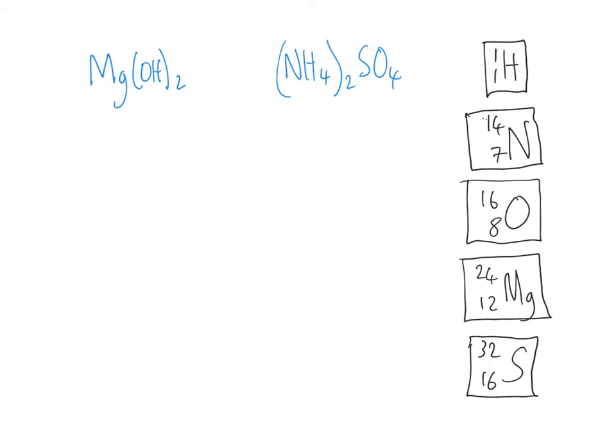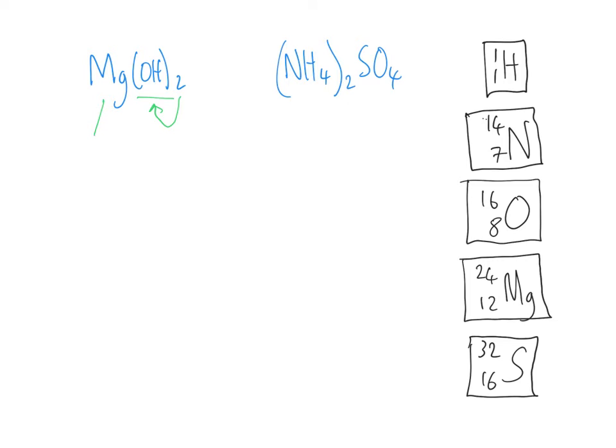Moving on to 2 examples that are a little bit more complicated, but they work in exactly the same way. These are a little bit more complicated because they have got these brackets that we've considered before. And what you have to remember when you're working with formulae with brackets is that that 2 means that we've got 2 of everything inside these brackets.